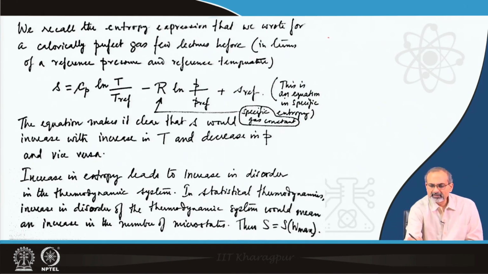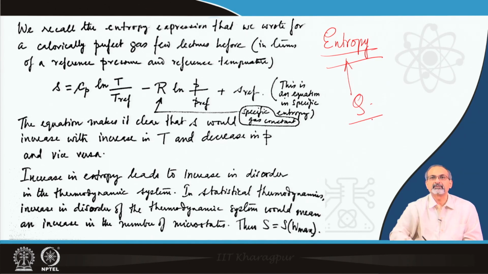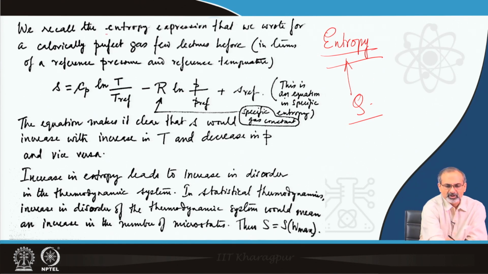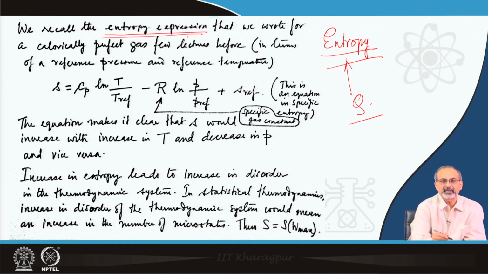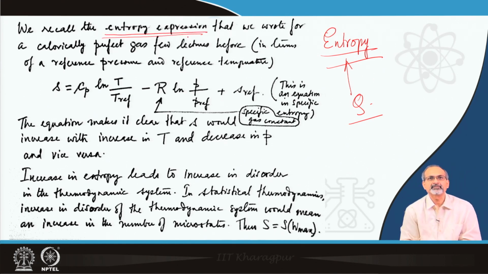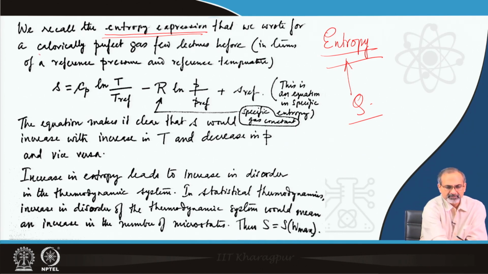Now, we will initiate discussion about entropy, how we can show that entropy can also be expressed in terms of the partition function is what we are interested in over here. And we are trying to recall the entropy expression we had derived some time back in another lecture, and that was derived for a calorically perfect gas.